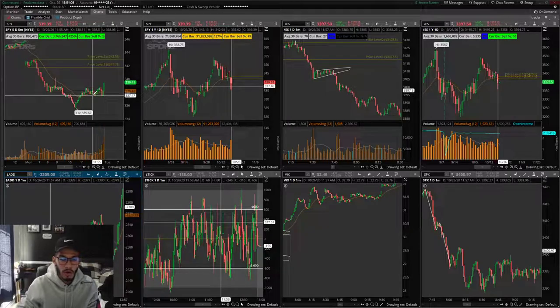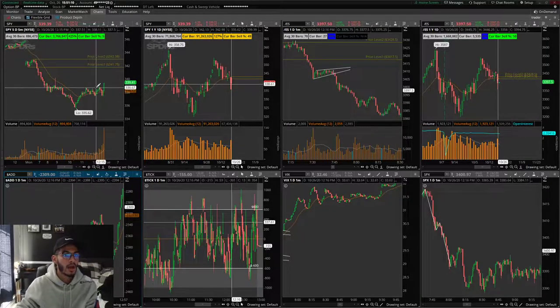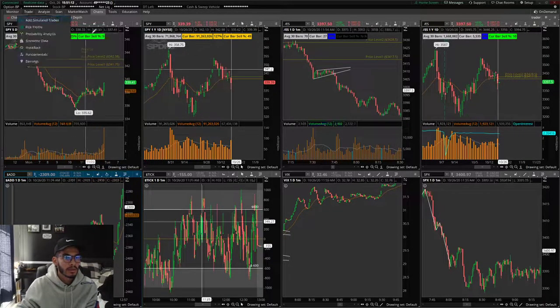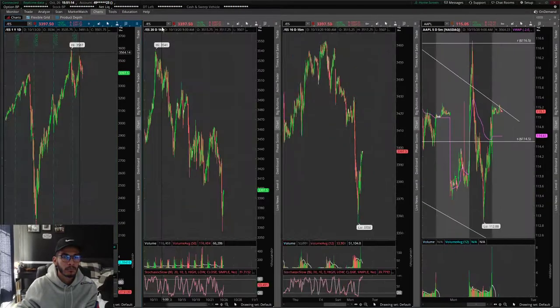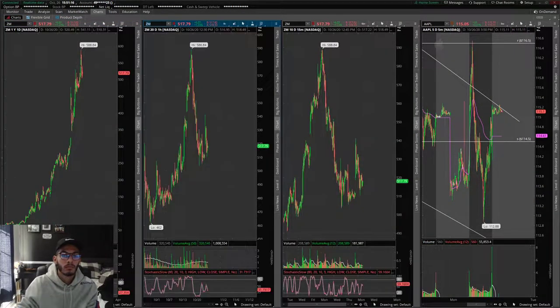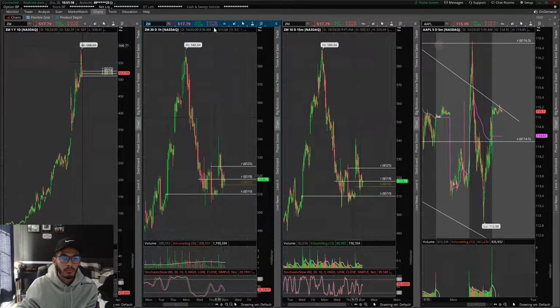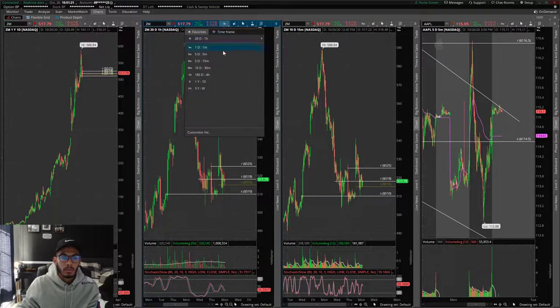So I want to go over Zoom today, an opening drive play that I took. Let me pull up the chart.